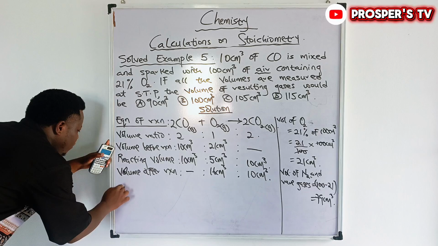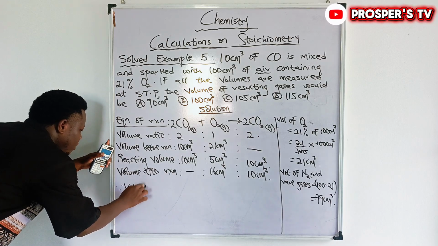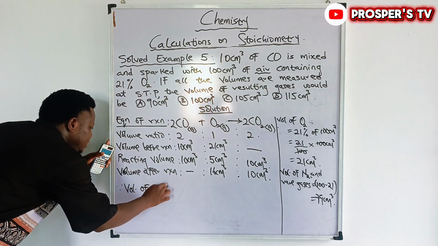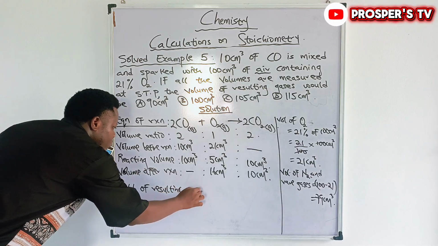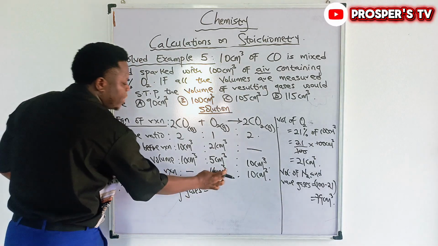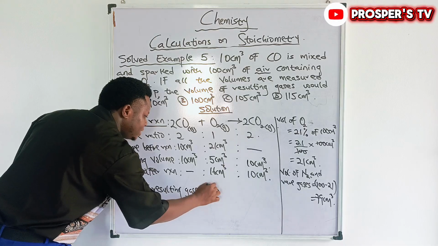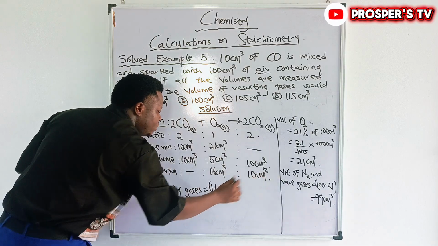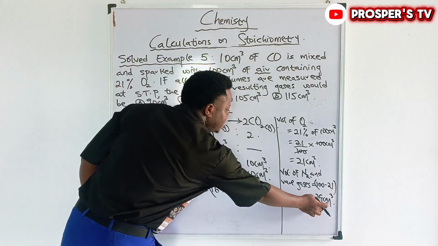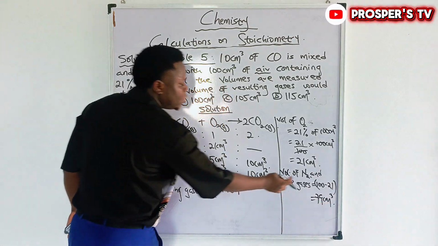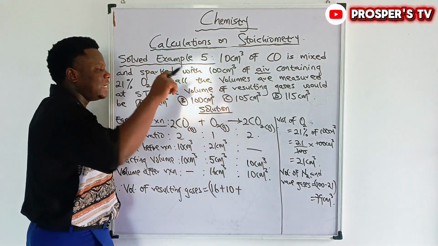So you say, therefore, volume of your resulting gases will be equal to, we have a volume left here, so we have 16. Added to, we have a volume left here, 10. And then we have 79 cm cube of the other components of air that did not react.